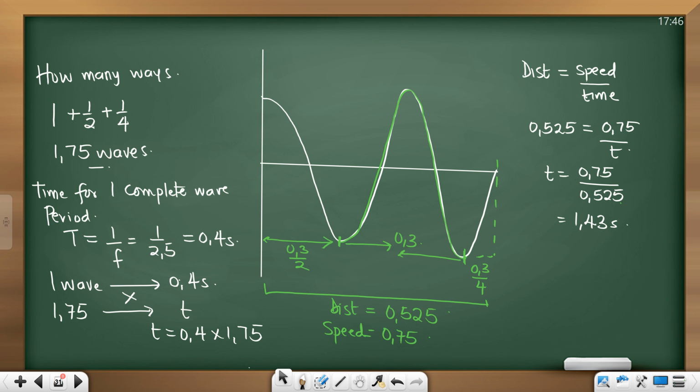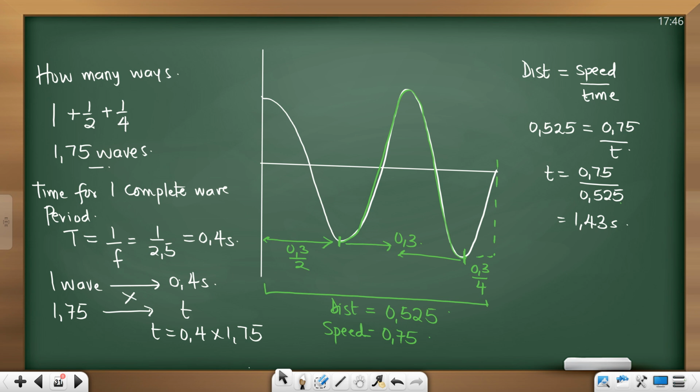1,75 waves. That one we all agree. We all are in agreement to that. Then we said the period is the time taken for one complete wave. One complete wave, 1 over 2,5, which is 0,4.